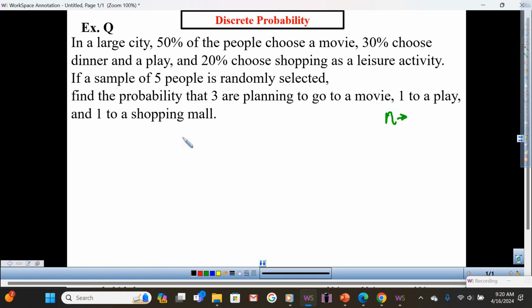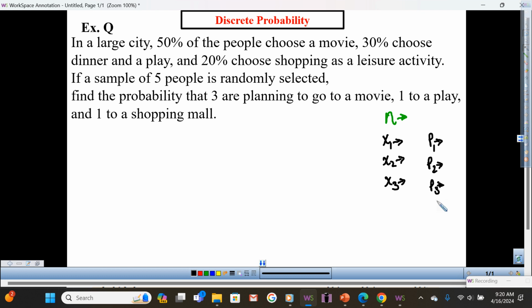There are 3 different ones, and that's why it's called multinomial probability. So we need x sub 1, x sub 2, and x sub 3, and for each of those x's we need its corresponding probability. Leave an empty space, and over here on the side we're going to write P1, P2, and P3.